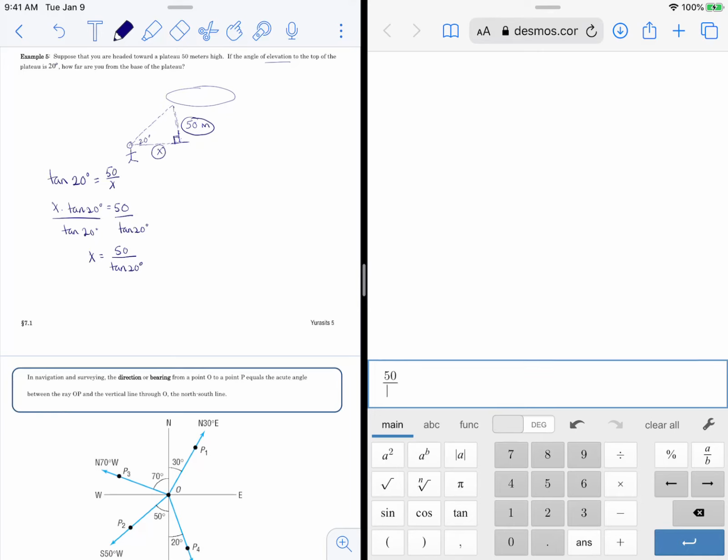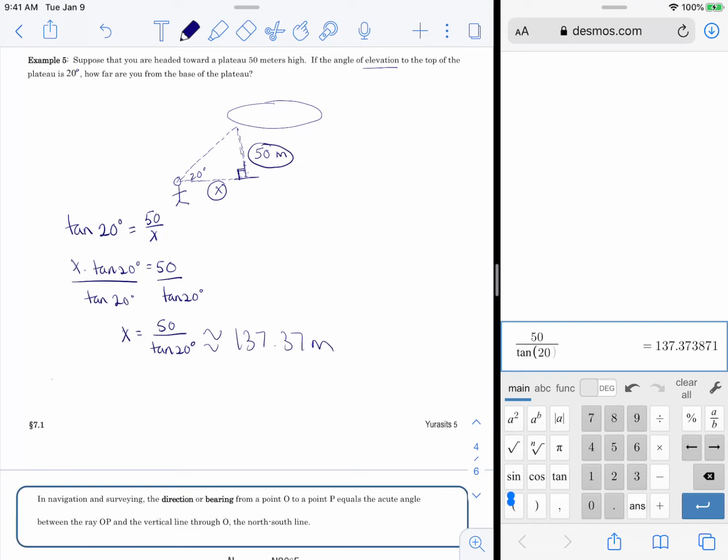So the key thing in mathematics is if you're given an application, a word problem, you need to give the answer in a full sentence. So I would say, I am about, since I rounded, 137.37 meters away from the base of the plateau.